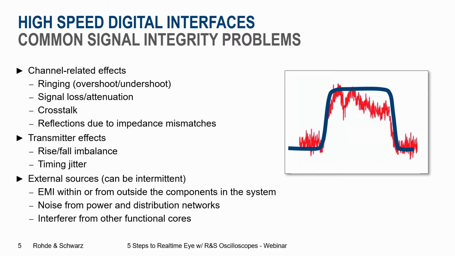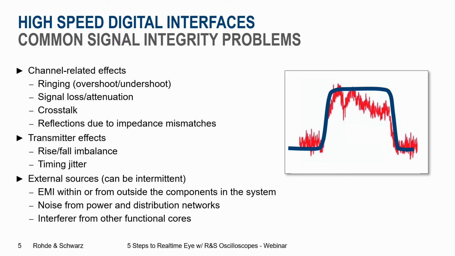So you could have some EMI effects. There could be noise from the power supply or the power distribution network. Or there could be interferers from different functional cores. So with a digital signal, which we see here in blue, we would like to transmit an ideal 1 or 0. But because of all these signal integrity effects, we will rather have something like the red curve that is displayed here.